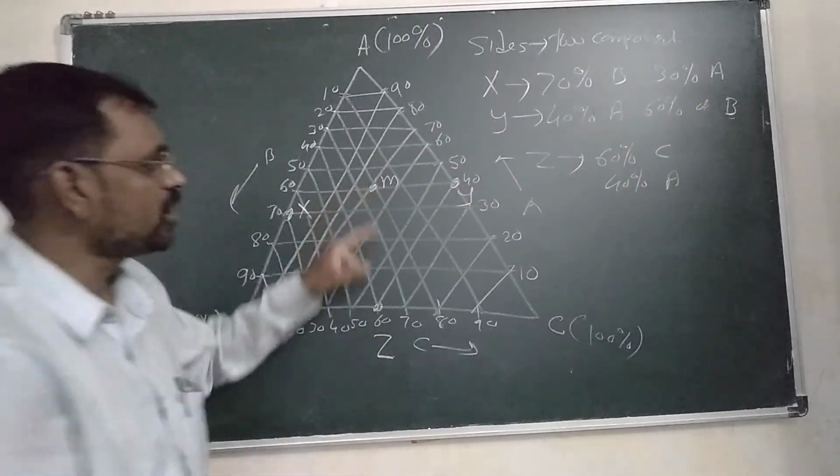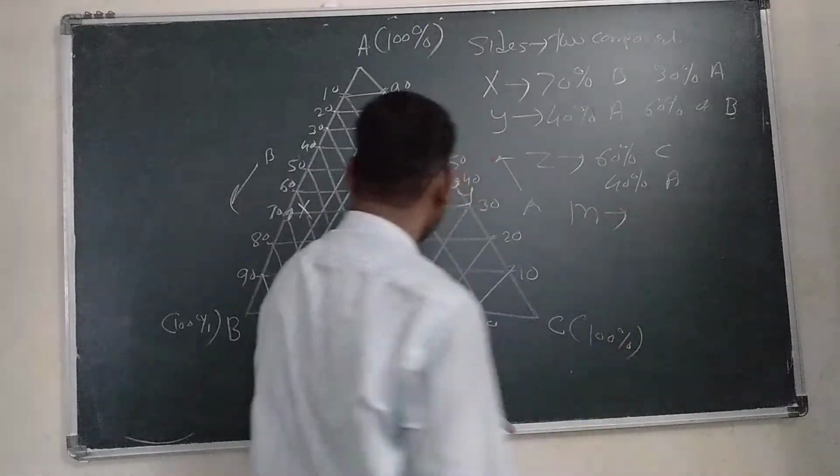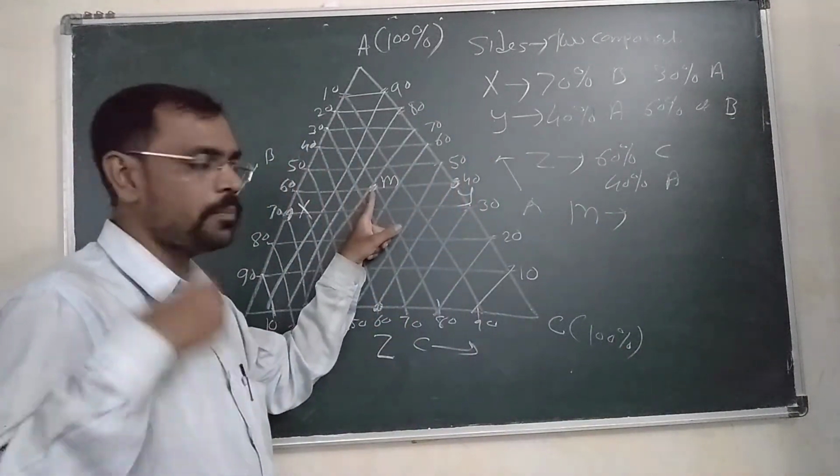Now what does this point M represent? M is inside the triangle, so M gives the composition of the three phases.